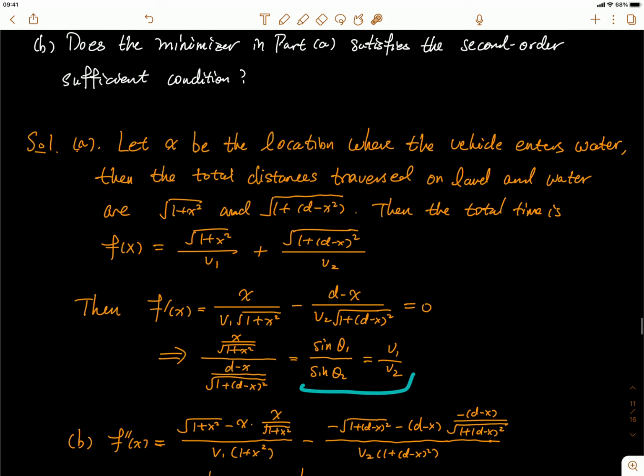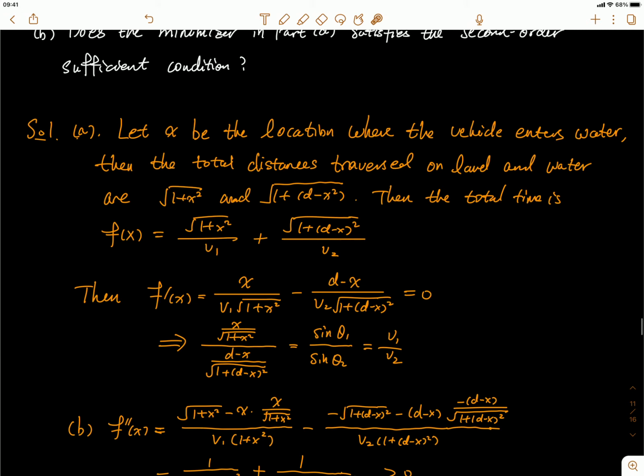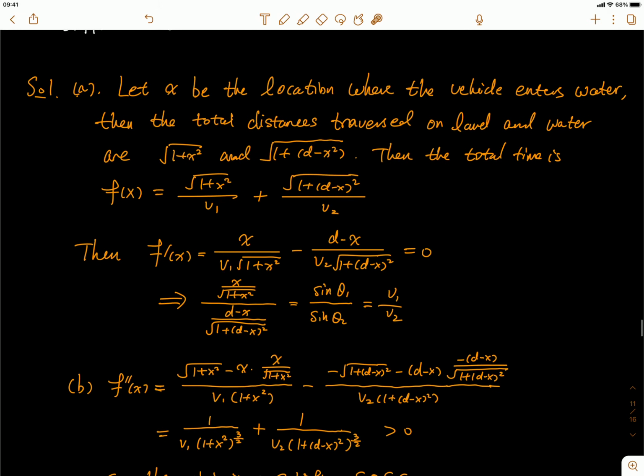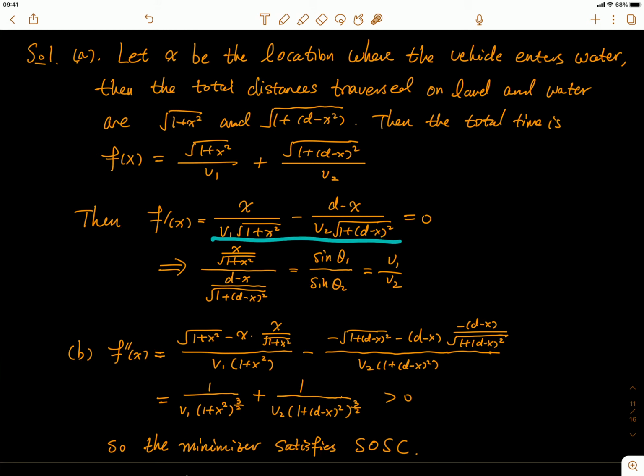The second part of the question is to check if the optimal point x that satisfies this equation also satisfies the second order sufficient condition. To do this, we just need to check the second order derivative, which is nothing but taking the derivative of this one more time. It's a little bit complicated, but we'll get there eventually.